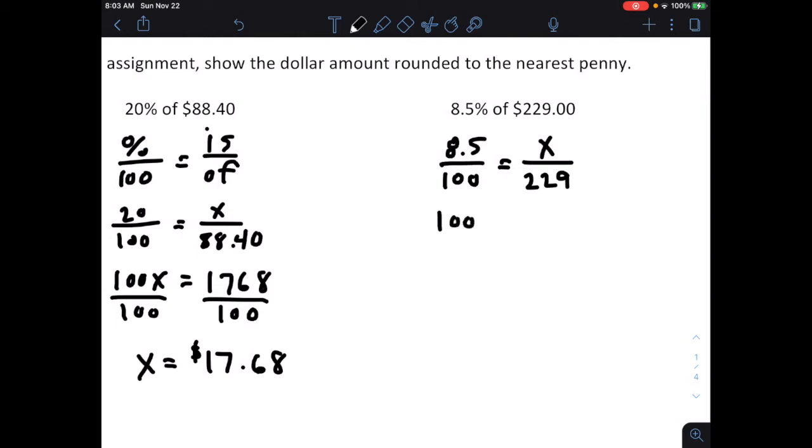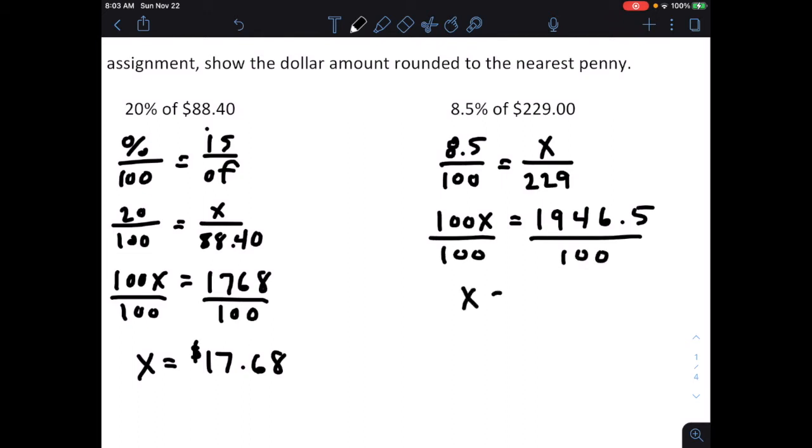The first one is 100x, and the second one is 8.5 times 229. So this one we end up with a decimal in our number, 1,946.5. And when we divide by 100, it's still just going to move that decimal 2 places, but we're going to have something we have to deal with. We're going to have 19.465.